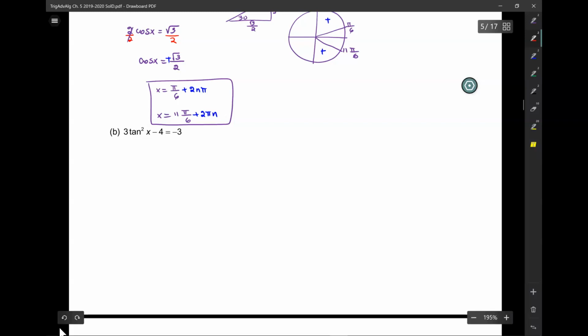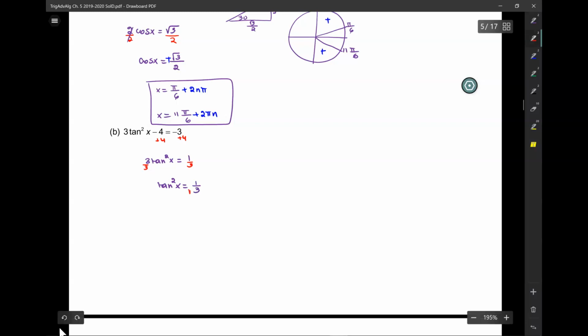Plus 4 to both sides. So now I have 3 tangent squared x is equal to 1. Now I need to divide both sides by 3. So tangent squared x is equal to 1 over 3.